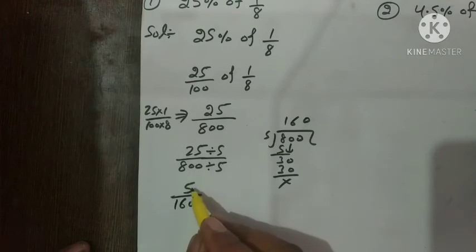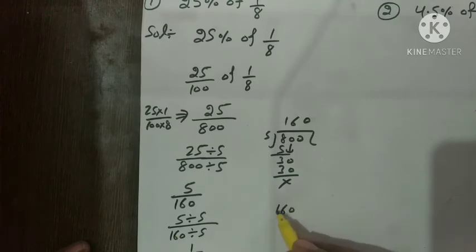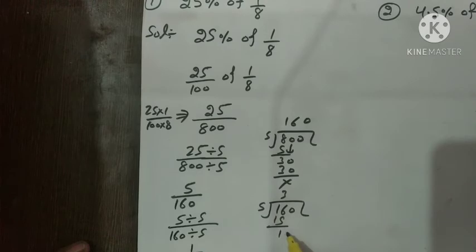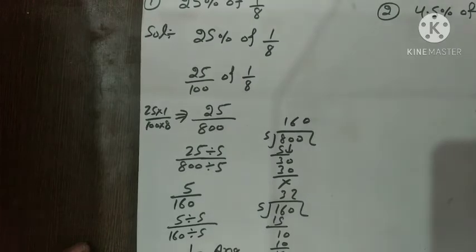Now 5 and 160 are both divisible by 5. 5 divided by 5 is 1, and 160 divided by 5 is 32. So my answer is 1 over 32.